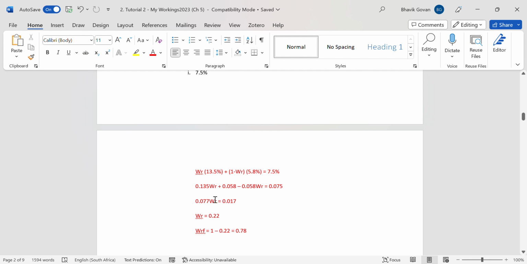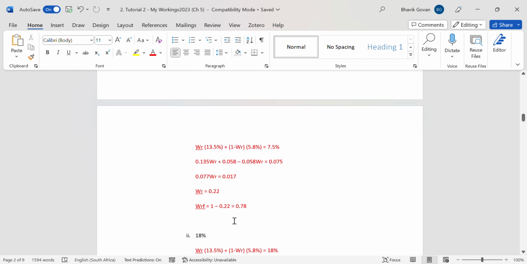I group my like terms and I solve for WR, which is equal to 0.22. So the weight in the risky asset is 0.22. To get the weight of the risk-free asset, I'll say 1 minus the weight in the risky asset, and 1 minus 0.22 is 0.78, which is how much we'll invest in the risk-free asset.